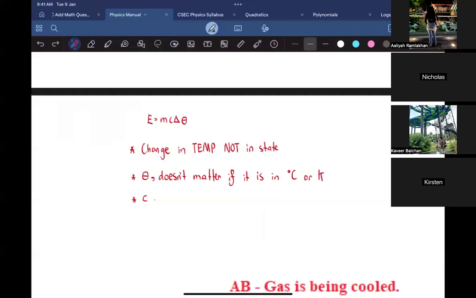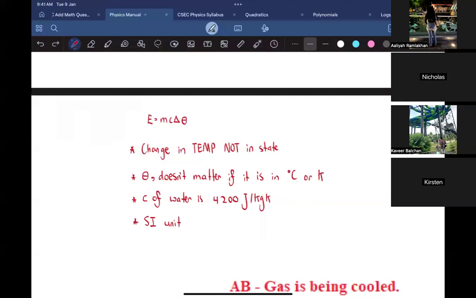The specific heat capacity of water is 4,200 joules per kg Kelvin. When you're using this formula, you have to make sure everything is in the SI units.